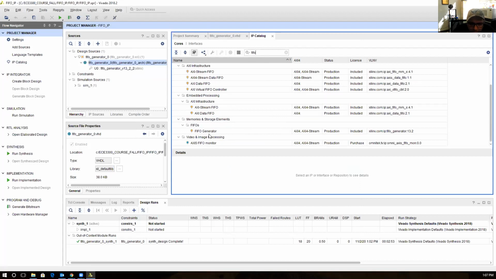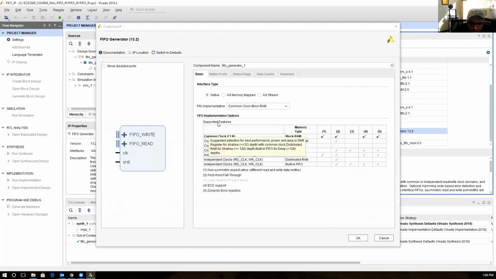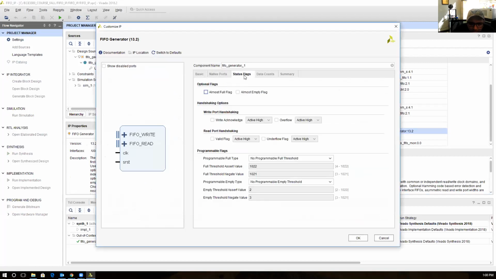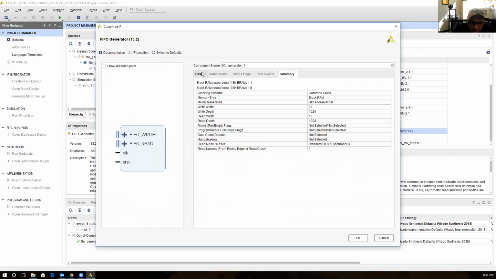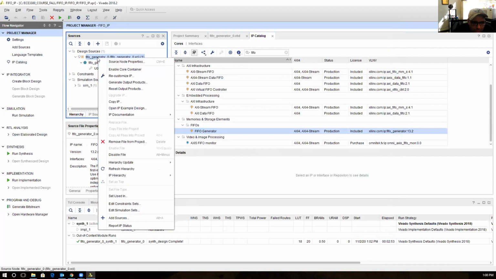Where is it? That's interesting. I want it to be enabled.